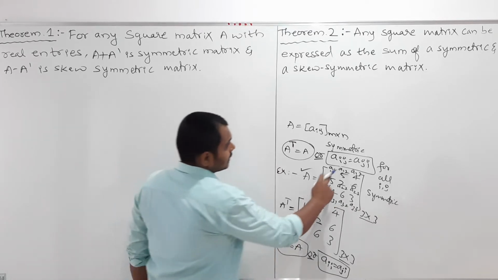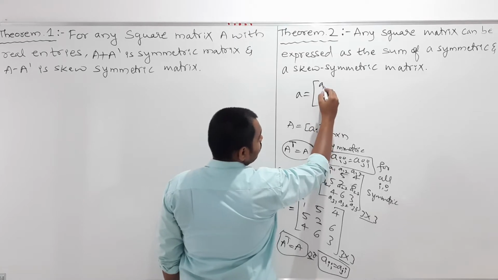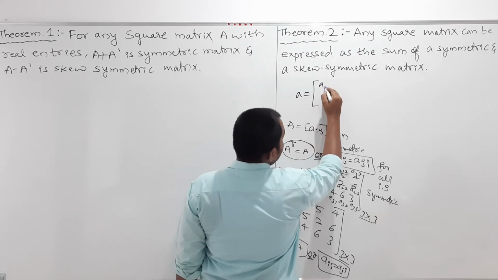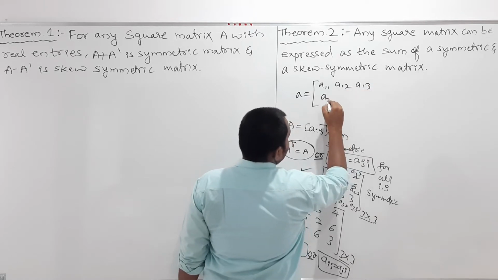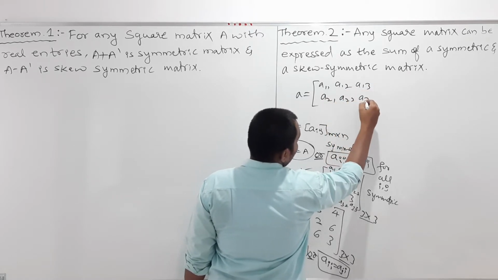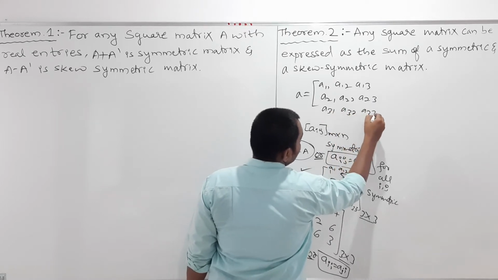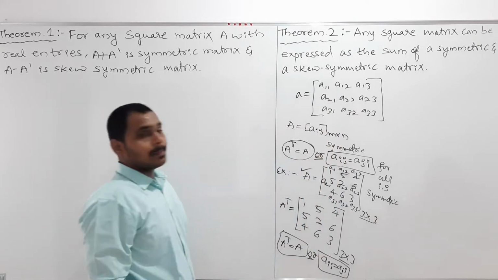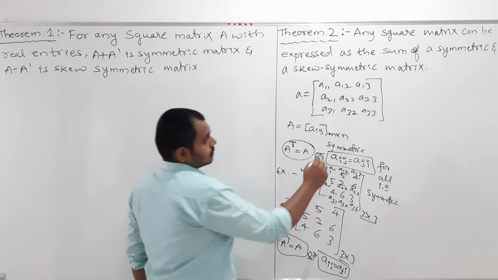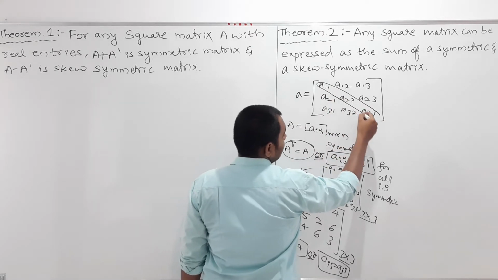Or else, generally a matrix of order 3 cross 3 we will write as A11, A12, A13, A21, A22, A23, A31, A32, A33. So this is the general notation of the matrix. Clear? What I told you is, you can call these the diagonal elements.